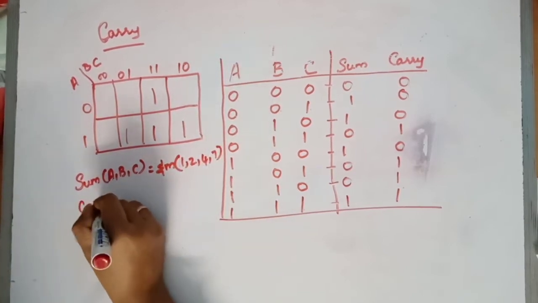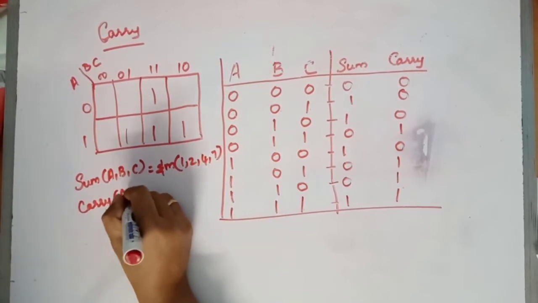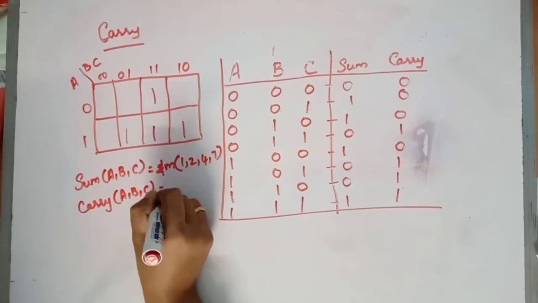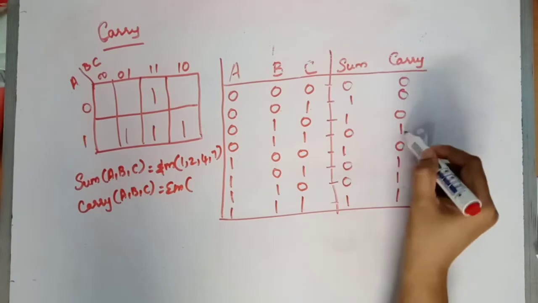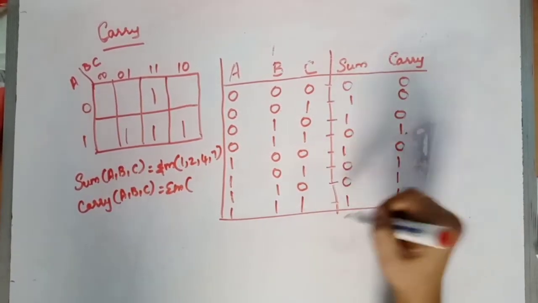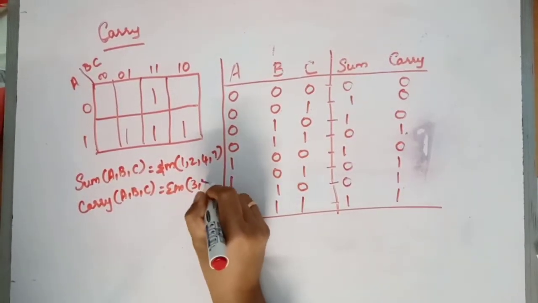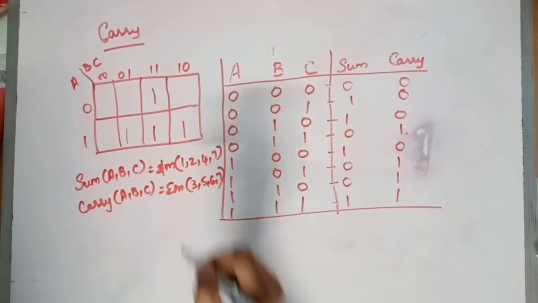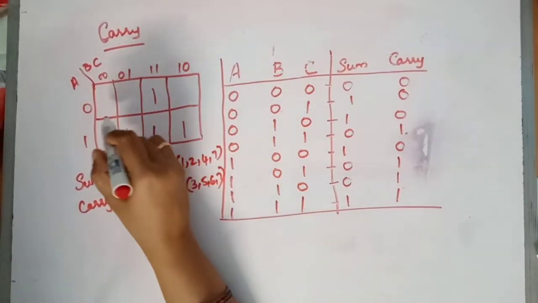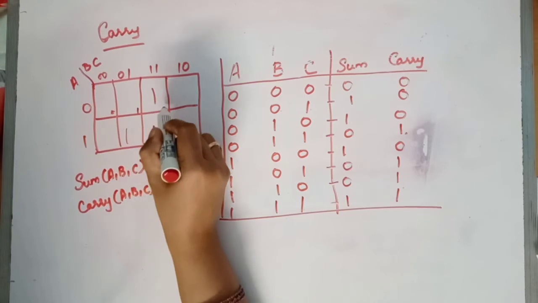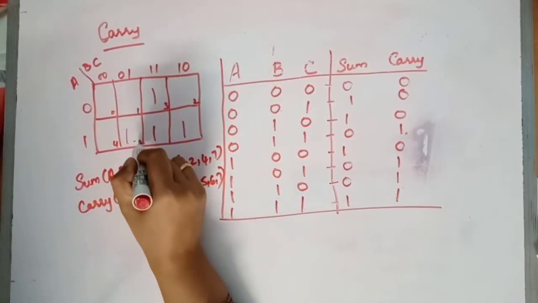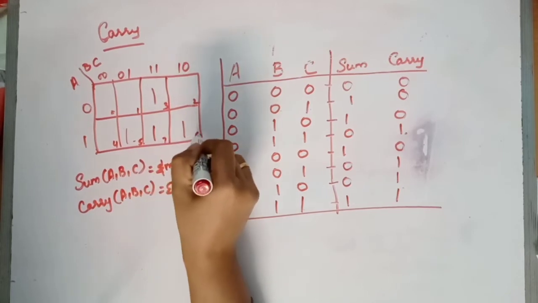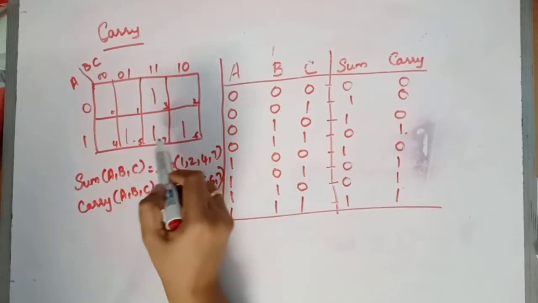And carry is a function of ABC, sigma m of 3, 5, 6, 7. So it is 0, 1, 3, 2, 4, 5, 7, 6. So 3, 5, 6, 7.